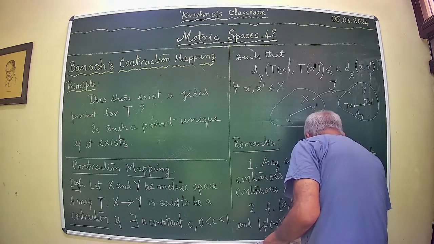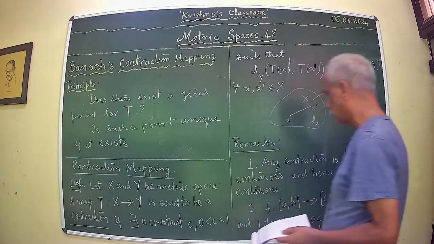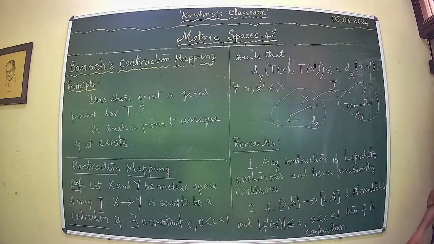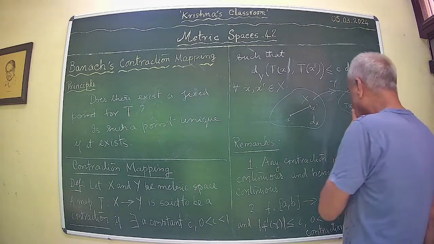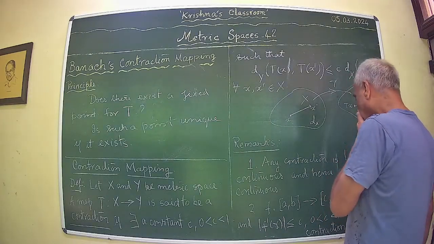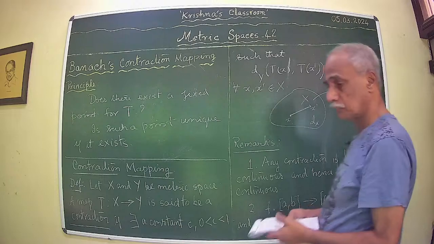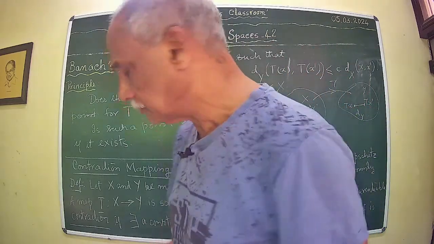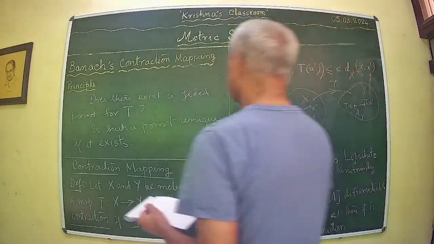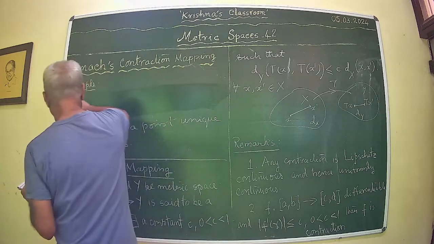That's an example. It's quite easy to prove because all that you need is the mean value theorem. Okay, that would serve the purpose. Use the mean value theorem, then it straight away follows.